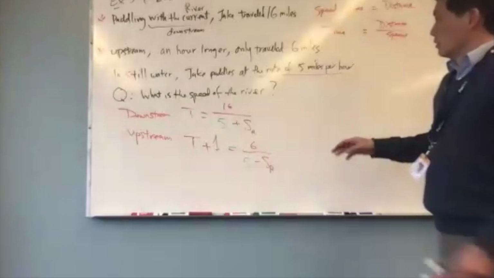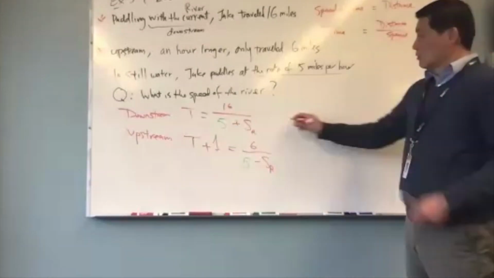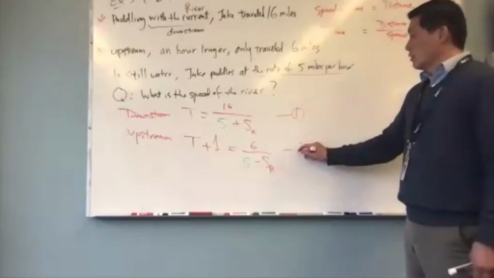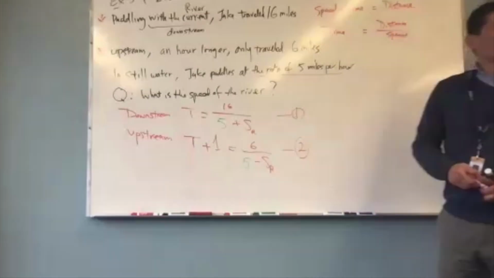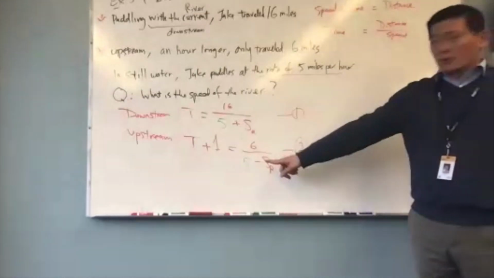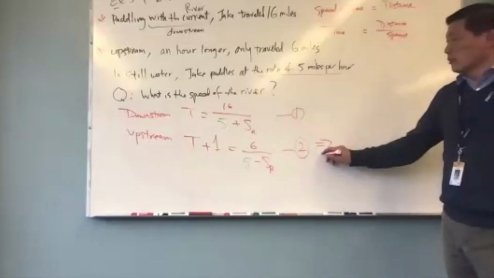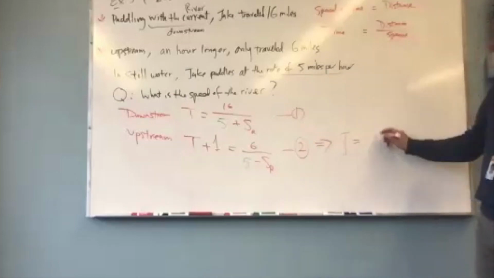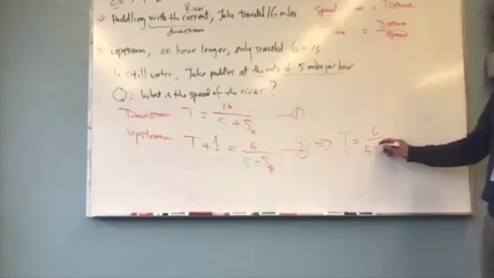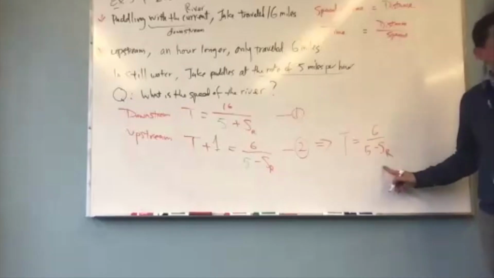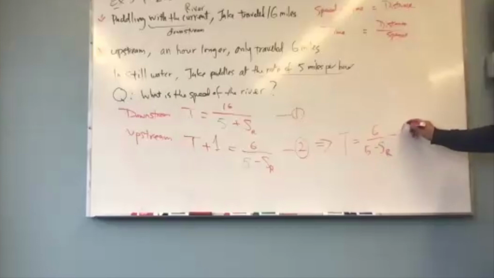So look at this. We have 2 equations. Equation number 1 and equation number 2. Now, the cool part about equation number 2 is I can rewrite it as t is equal to 6 over 5 minus SR, where SR is the speed of the river, minus 1.